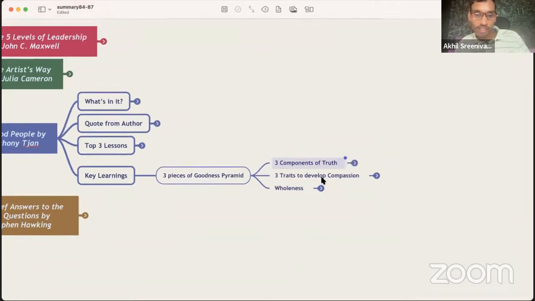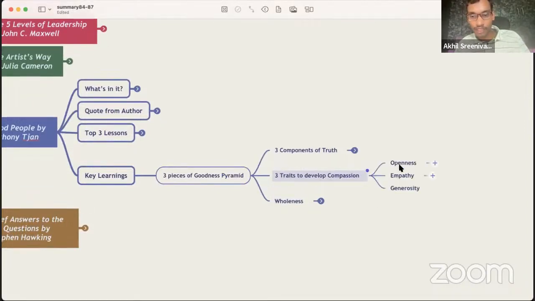Second element of the pyramid is compassion. Three traits to develop compassion are nothing but being open, being empathetic, and being generous. Empathy means putting yourself in the other person's shoes.